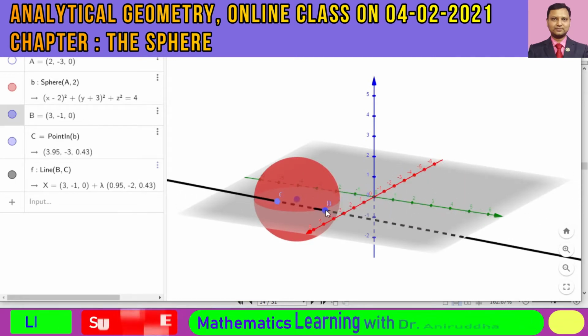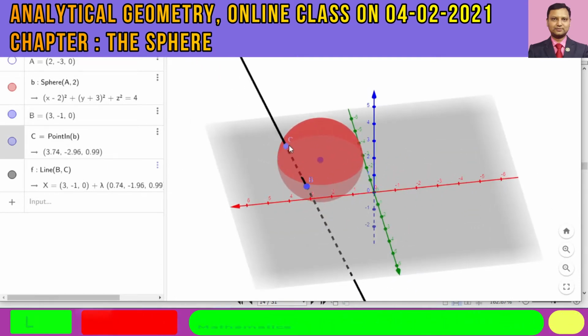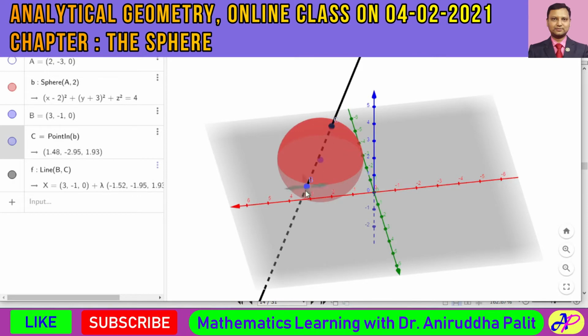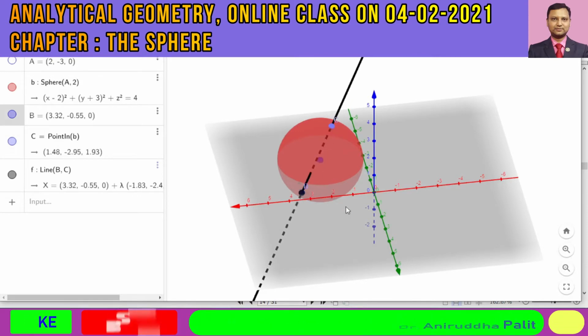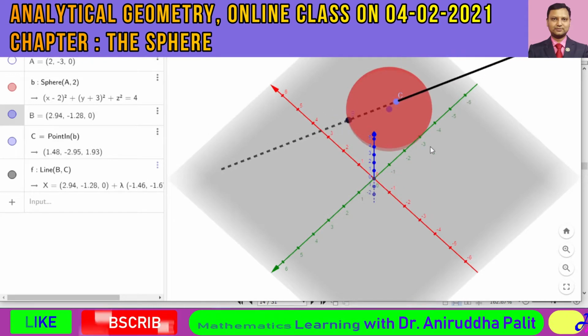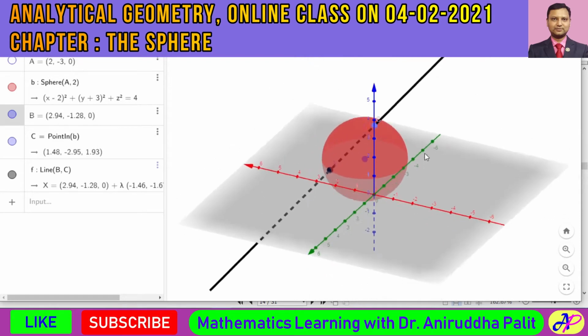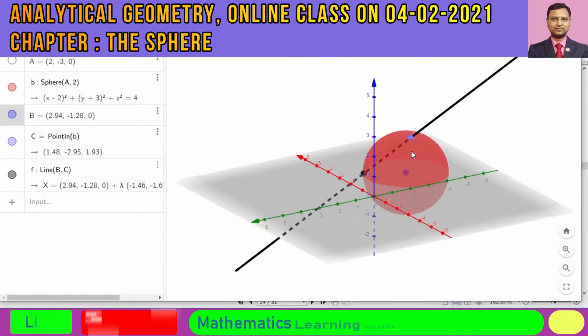This might be one point, and this is the second point. Okay, so we observe that at most 2 points of intersection are there. So these are the 2 points of intersection of a straight line and a sphere.